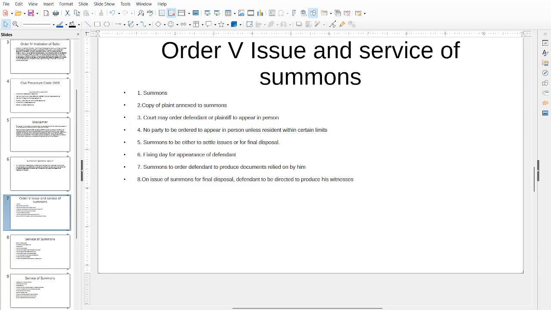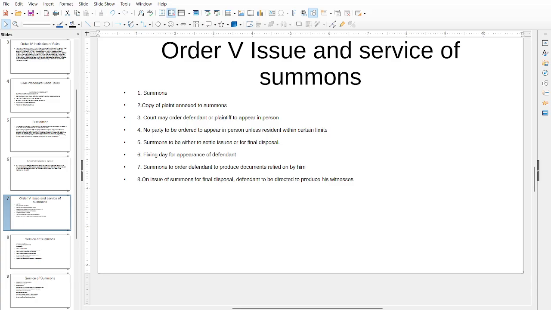After 90 days, if the defendant still doesn't give his written statement, the court will ask the reasons for not filing on time, and there should be payment of such costs by the defendant for the delay in filing the written statement.